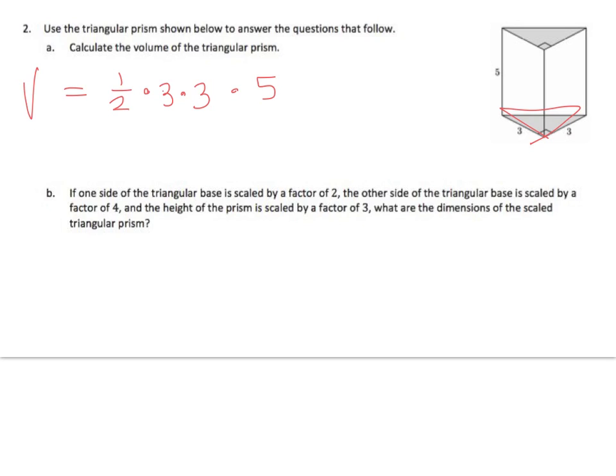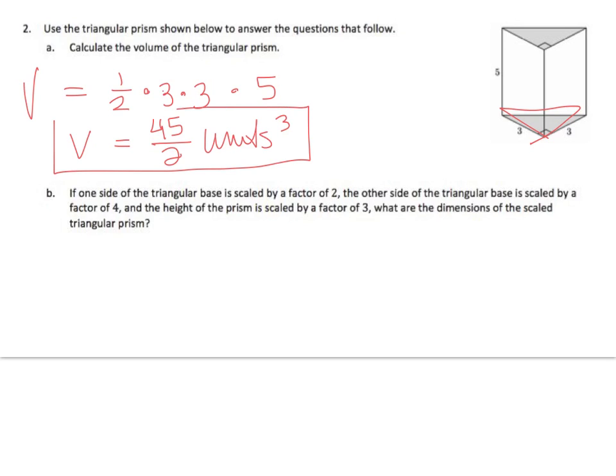So 3 times 3 is 9. 9 times 5 is 45. So we're at 45 over 2 units cubed. If you wanted that in a decimal, that would be just fine.